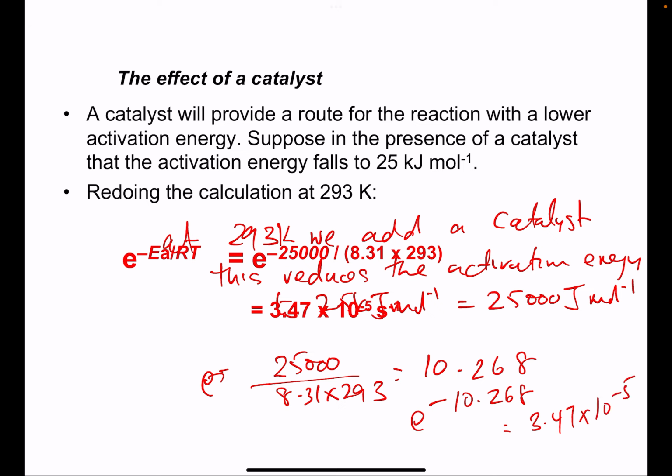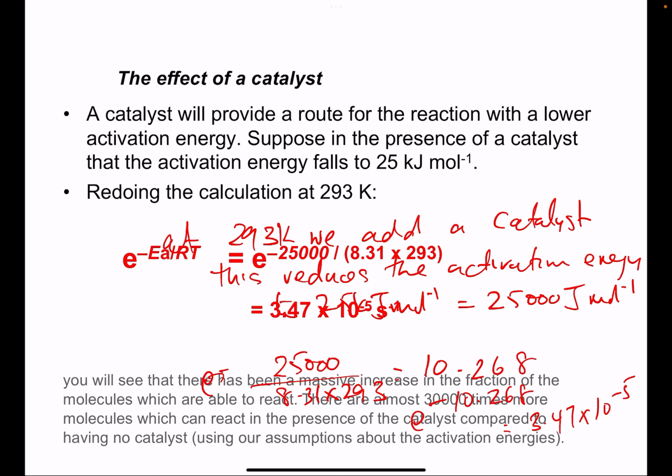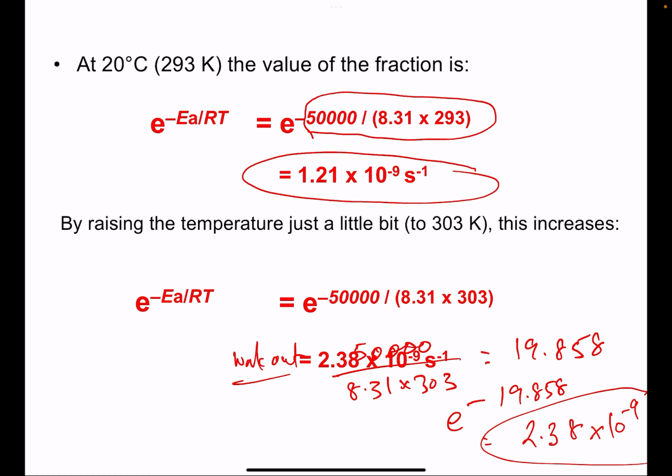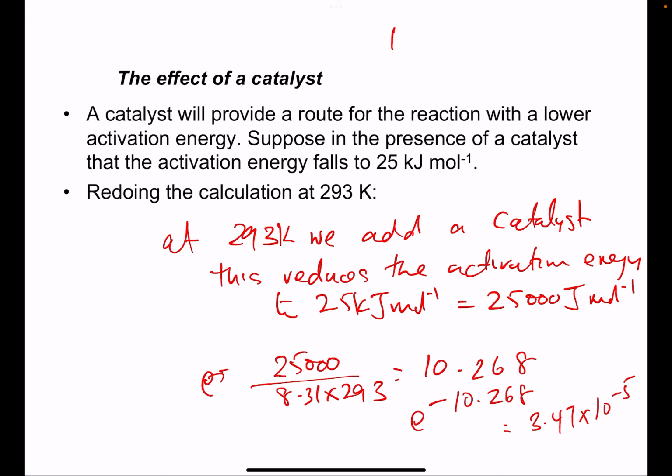Clearly you can see the rate has increased by much more. You will see that the rate has gone up by almost 30,000 times. When the activation energy was 50,000 joules, the rate constant was 1.21 times 10 to the minus 9.